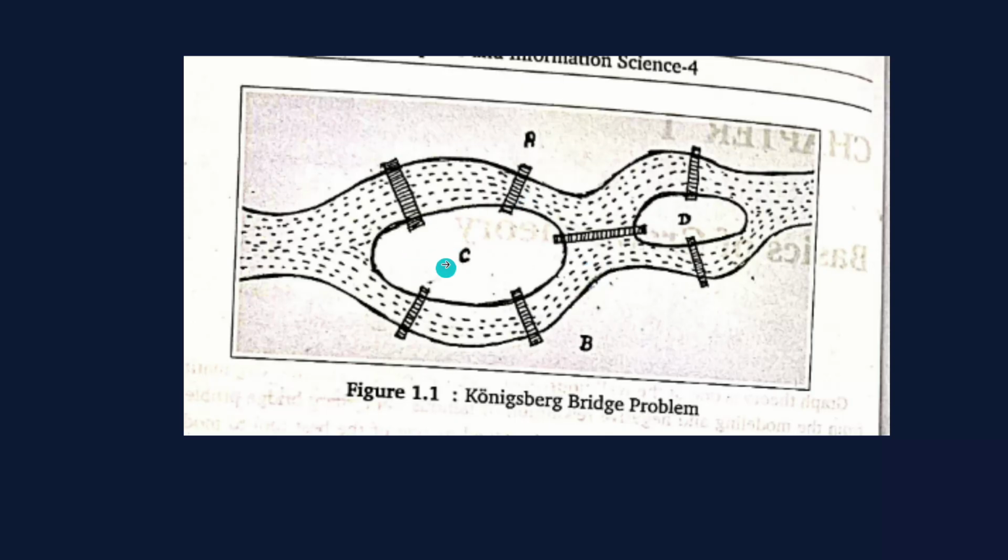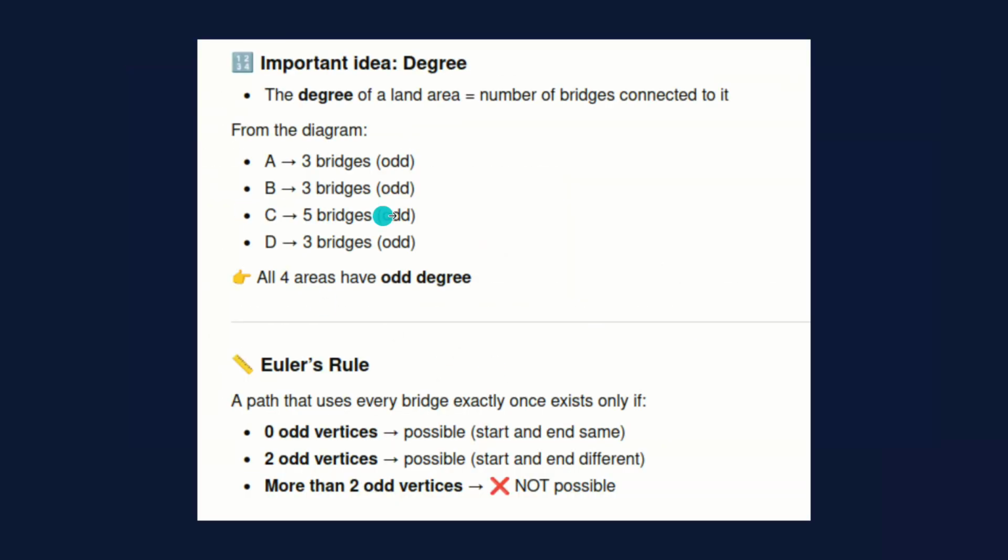C has 1, 2, 3, 4, 5 bridges, and D has 1, 2, 3 bridges. So C has 5 bridges which is odd, D has 3 bridges which is odd. So all these 4 areas have odd degree.